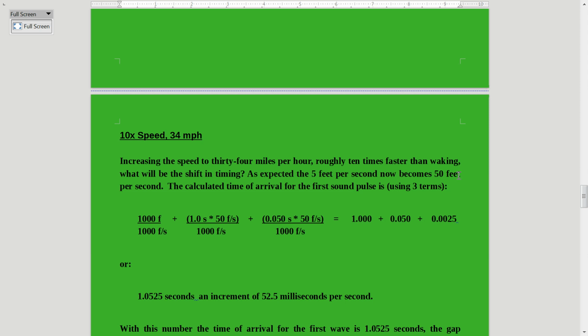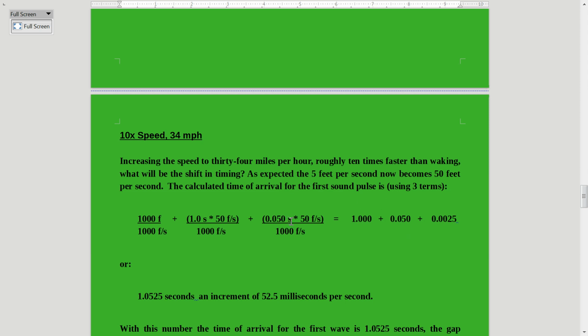And we can calculate the time of arrival for the first pulse. Well, the pulse in going from the source at A to the recording at B, that is 1,000 feet, so it'll take 1,000 feet divided by 1,000, which is 1 second. And in that time of 1 second, traveling at 50 feet per second, we'll get 50 feet. And so 50 feet divided by 1,000 gives us 50 milliseconds.